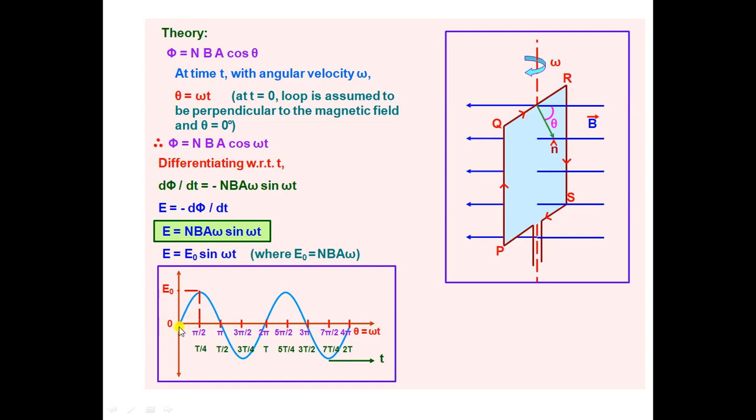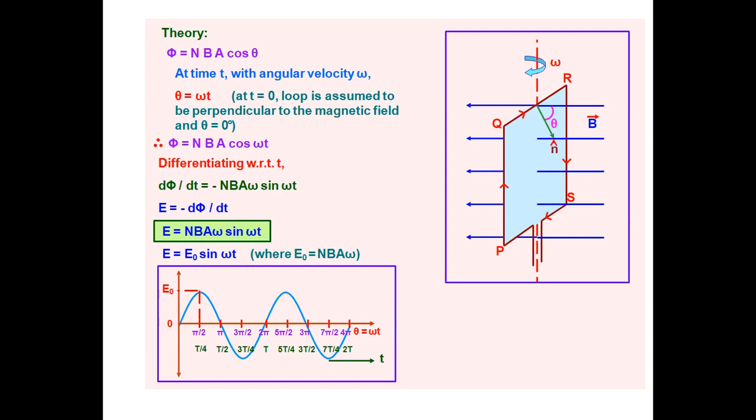It goes from 0 to maximum E naught, from maximum to 0 at pi, and after that it goes to negative maximum, then to 0, after that positive maximum and again 0. Like this the graph shows the value at theta equal to omega t.